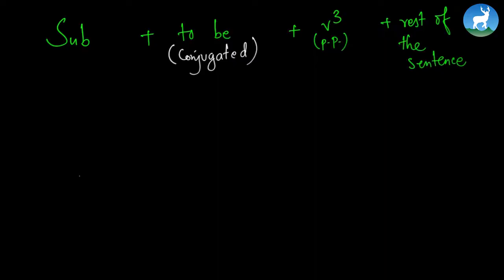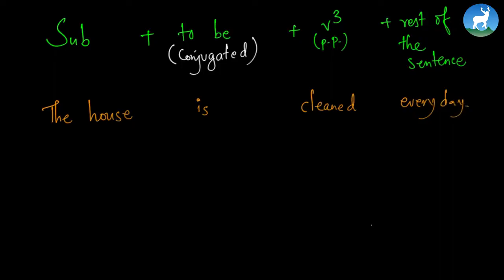So an example follows like this. The house is cleaned every day. Is this active or passive? It is passive. Very clear. We have a to be verb followed by a past participle. And this is in simple present tense. I'm writing short forms, the acronyms.